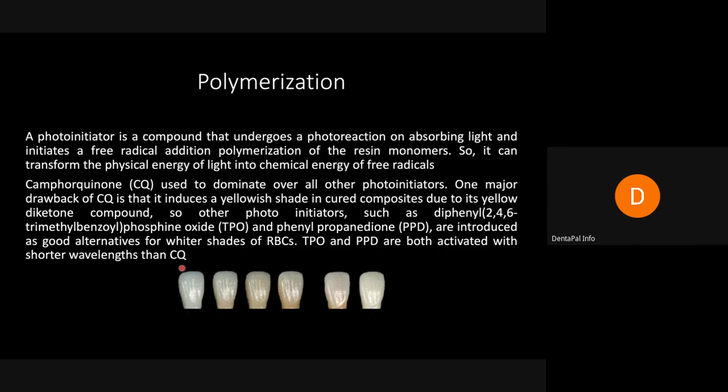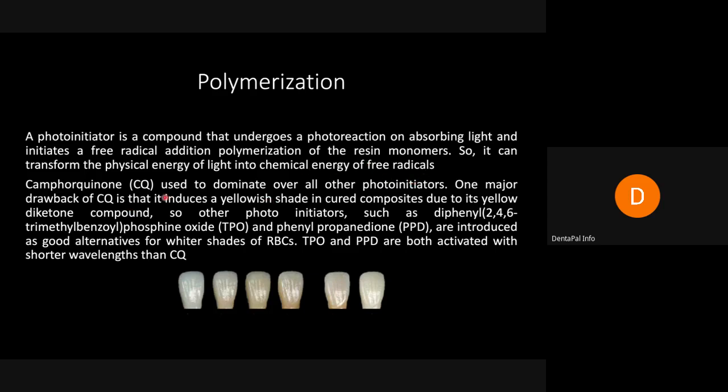They have the ability to be activated by light, and when they are activated, they will induce free radicals to activate the other monomers and thus start the polymerization reaction. And I think if you studied the polymerization reaction types, it is called addition polymerization. Okay? It can transform the physical energy, which is the light, into the chemical energy of free radicals.